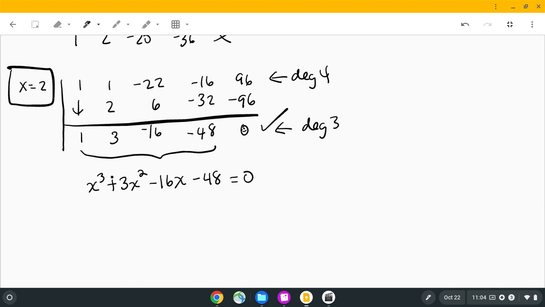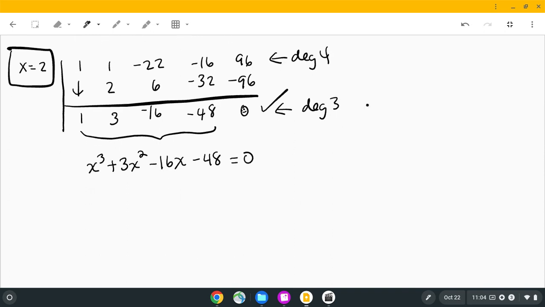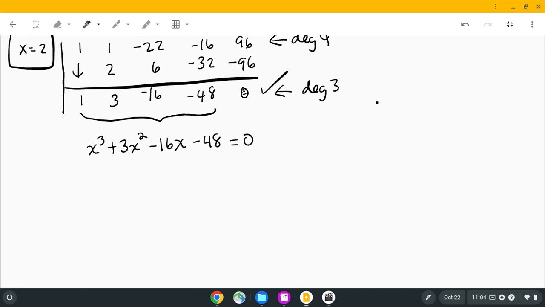The numbers here, 1, 3, negative 16, negative 48, are just these numbers here. And remember, this is a degree 3 polynomial. These are the numbers for a degree 3 polynomial because it's always 1 degree less than whatever you started with here. All right, so it looks like it is factorable by grouping.